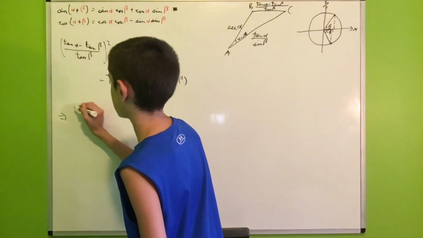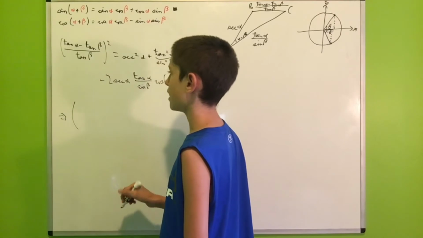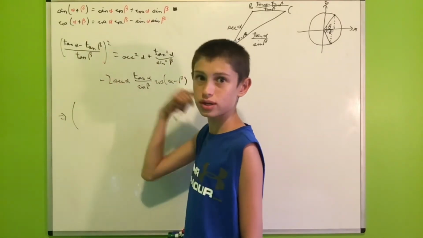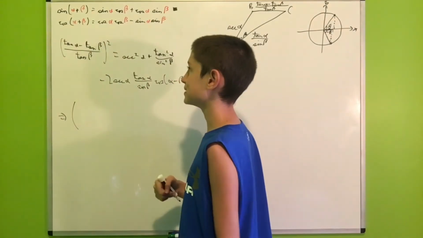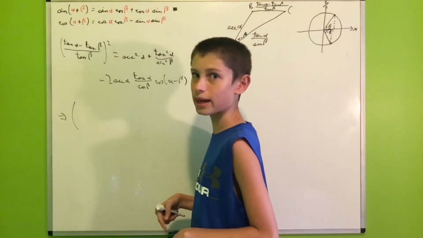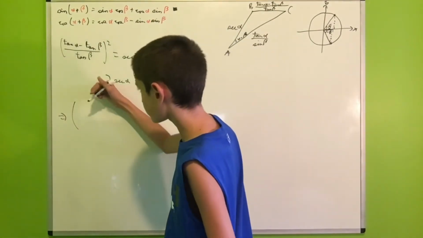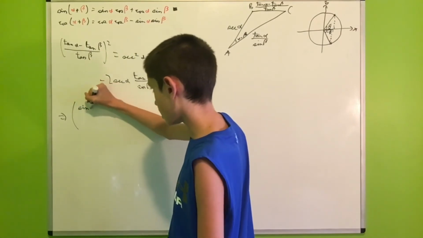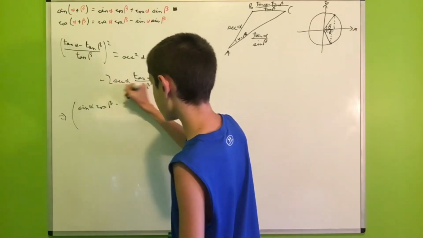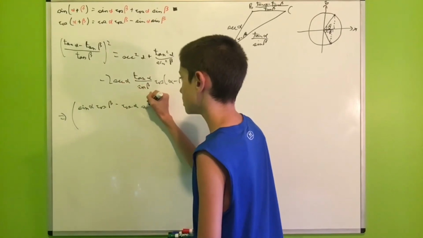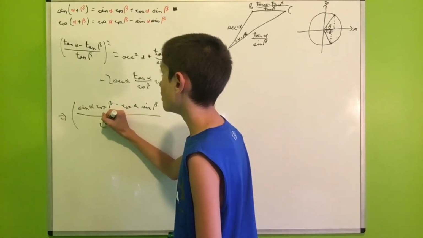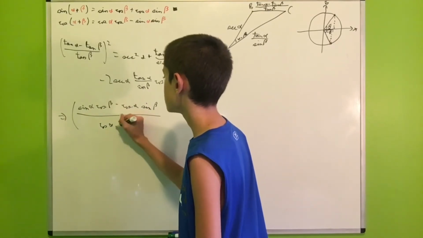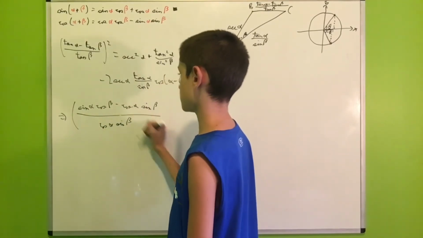So we will get, for our left hand side, as we did earlier by multiplying the numerator and denominator by cosine alpha times cosine of beta, this will give us sine alpha cosine beta minus cosine alpha sine beta all over cosine alpha sine beta.